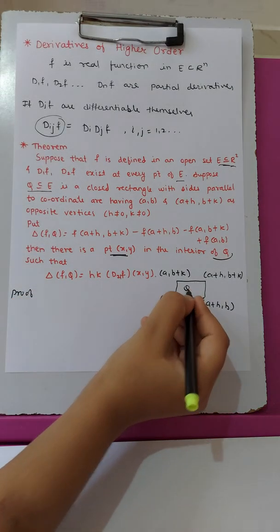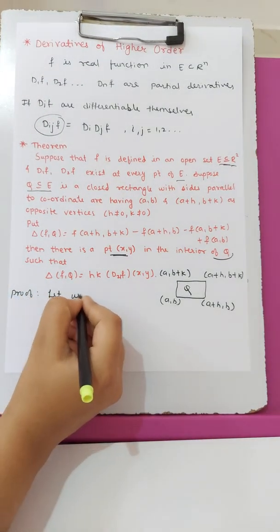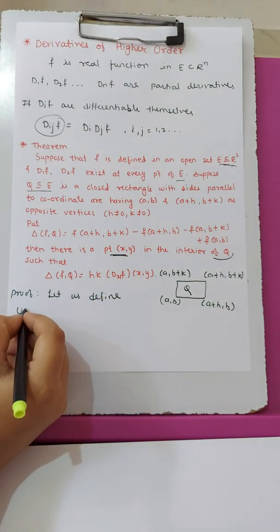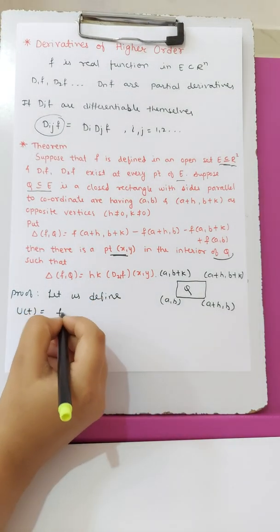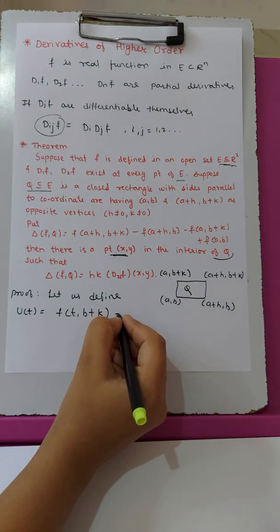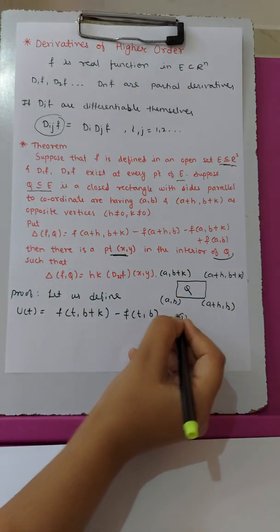This is rectangle Q. Now let us define u(t) equals f(t, b plus k) minus f(t, b). Let it be number 1.